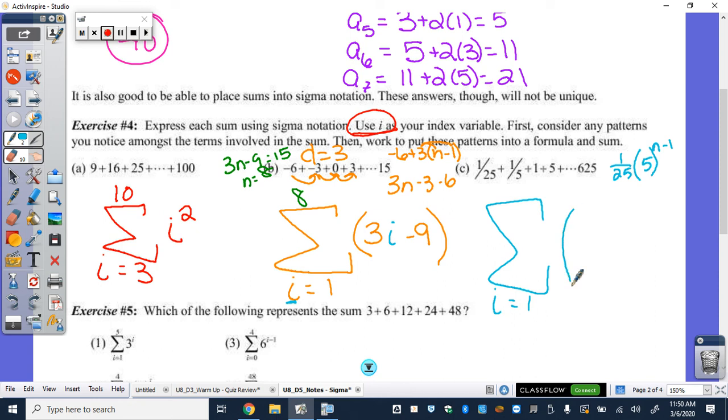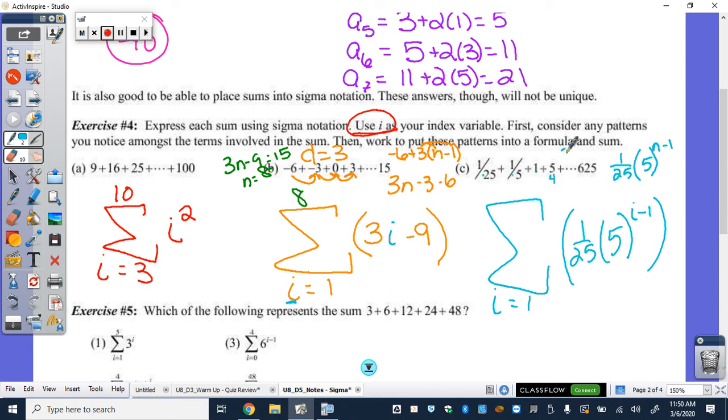So for this one, that could be one of our formulas that we use. There's a few other formulas we could have used. This could have been one of them. So then we just have to figure out where is our summation going to stop. What term would give us 625? Let's see here. 1, 2, 3, 4.